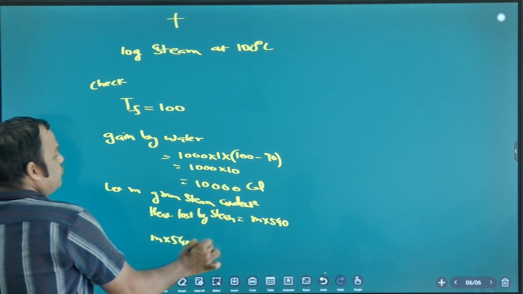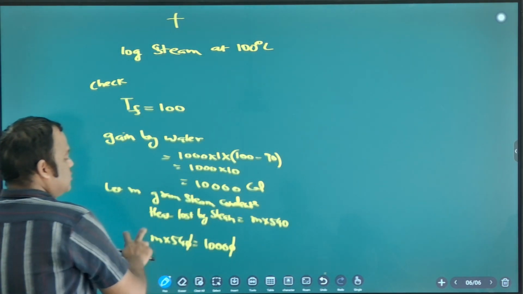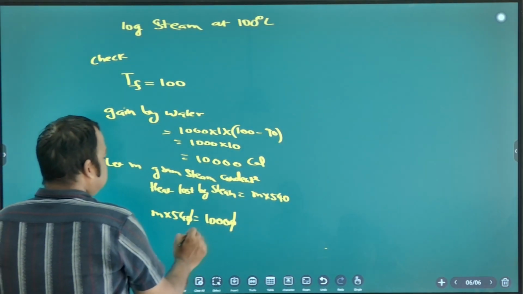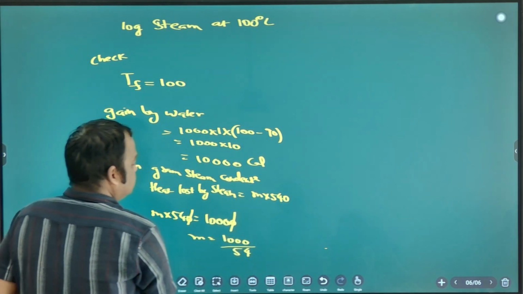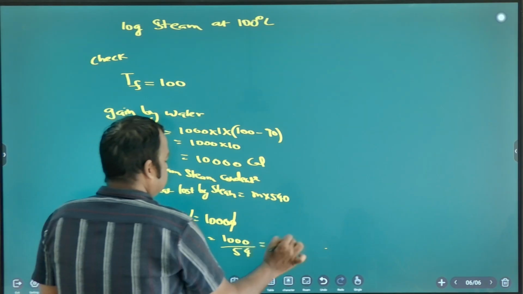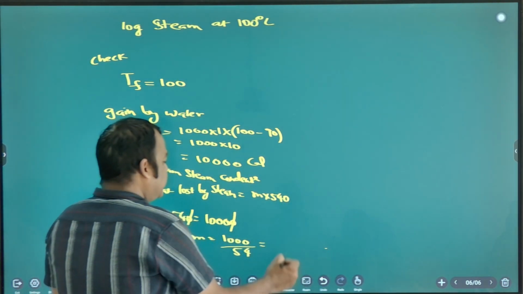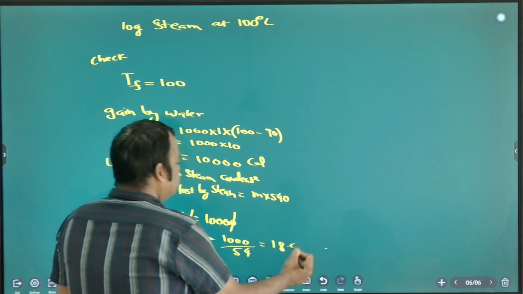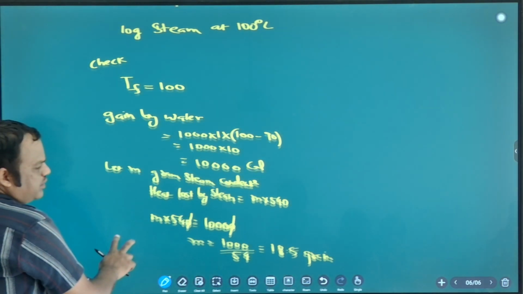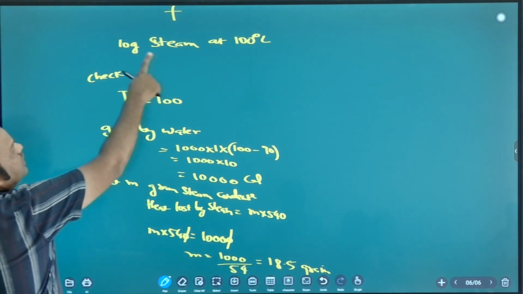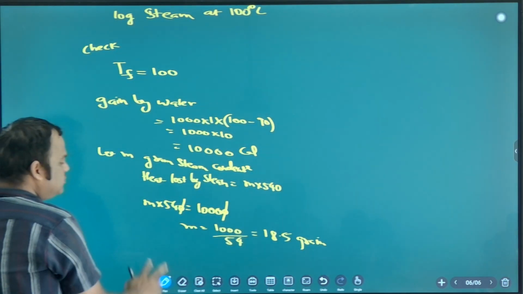M into 540 is 10,000. So M is 1000 by 54. Now 18.5 gram. Okay, good, 18.5 gram. And how much steam is initially? Only 10 gram. So not possible.